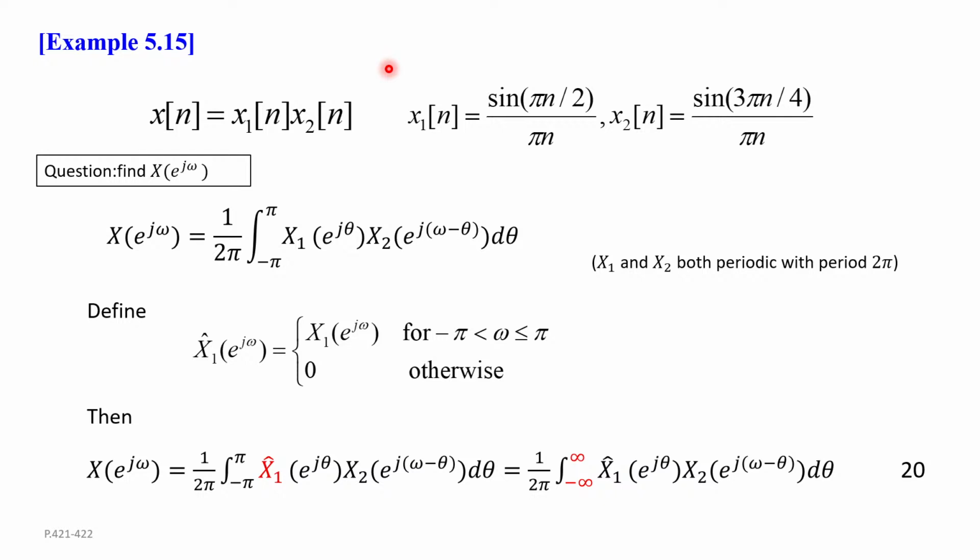And the question is find big X. And obviously what we want to do then, when it's already in this multiplication form, is use our periodic convolution relationship. So this is set up nicely to make it easier with this convolution relationship. So our x1 is the sinc function, x2 is the sinc function.